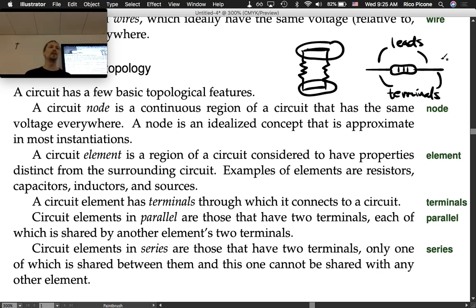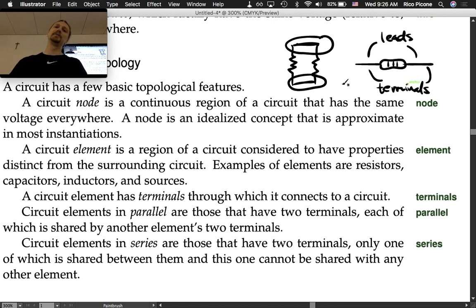Terminals is a little bit broader of a category, though. It doesn't have to look like a lead. A lead can be a terminal, but not all terminals are leads. It could be like a plug, or just bare copper faces that could be soldered to.